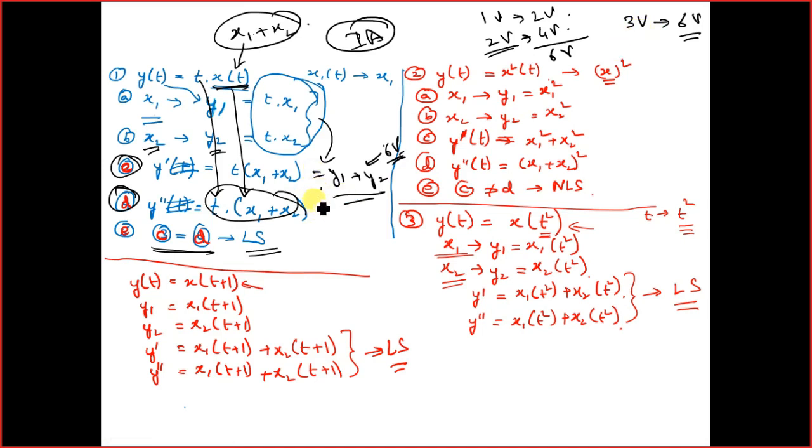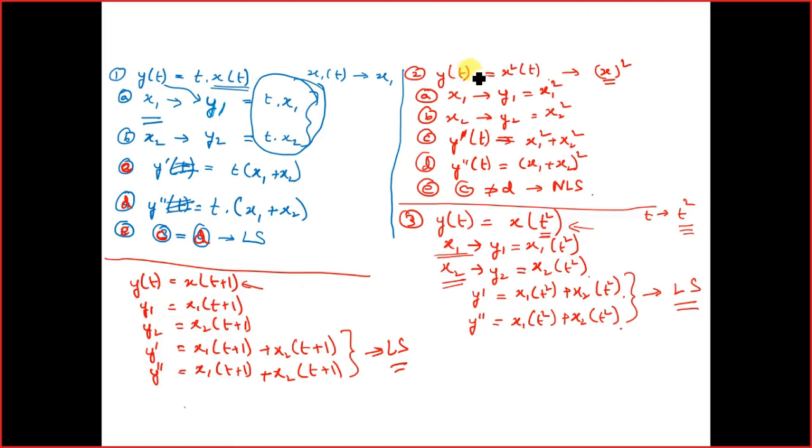So in both cases the output remains the same, 6 volt. Hence this system y(t) equals t multiplied by x(t) is a linear system.